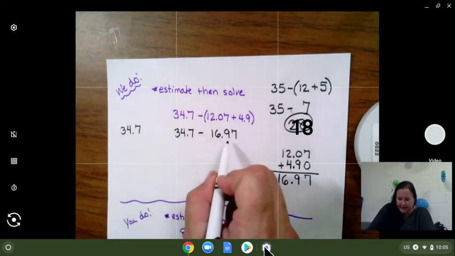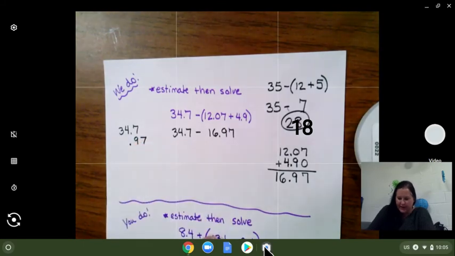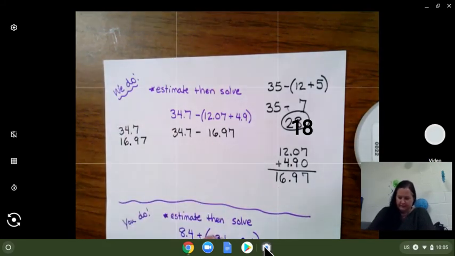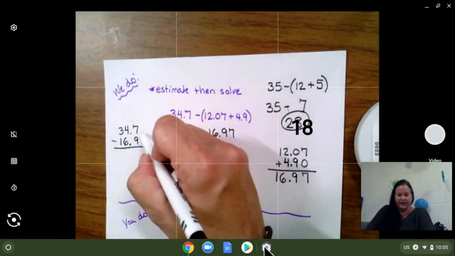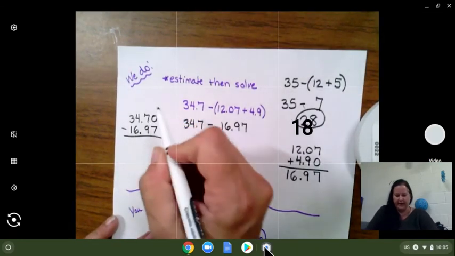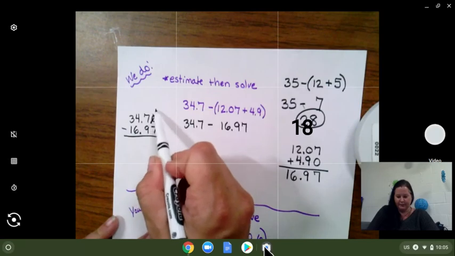Minus 16 and 97/100. So notice my 97 is going to hang off the end there a little bit. And we are going to subtract that. So I don't have a number here, right? I need to have a place holding 0 there. And I can't take 7 away from that 0, so I'm going to regroup.